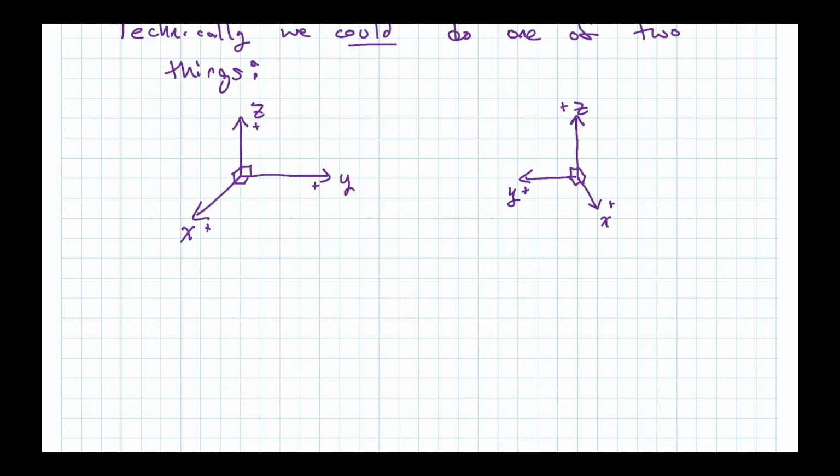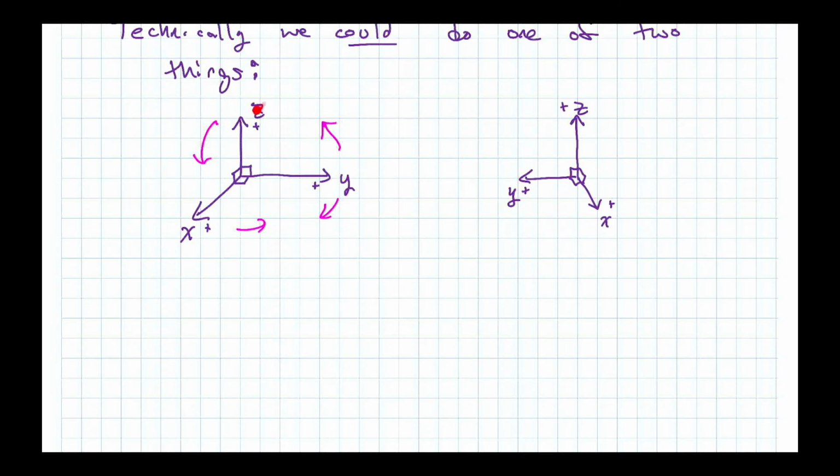The thing is that these are actually fundamentally different, because if you could pick up this set of axes and rotate it this way or that way, no matter how you rotate it, you can never make this picture look like this picture.